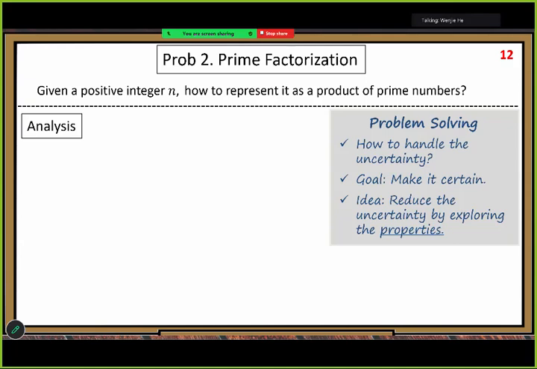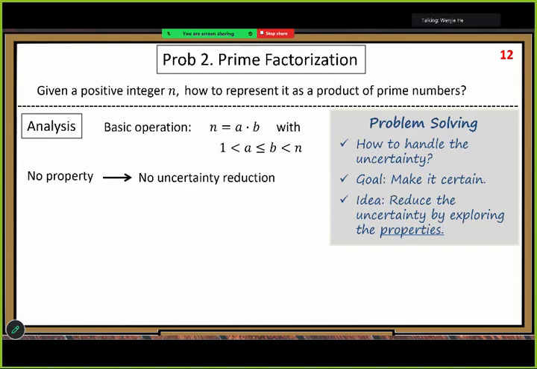We want to do uncertainty reduction in this problem solving example. Basic operation: n equals a times b, two factors. So we work on the data with this condition.